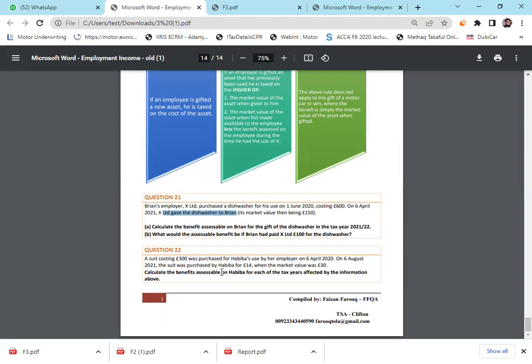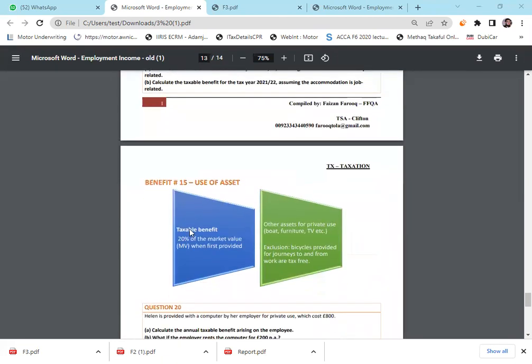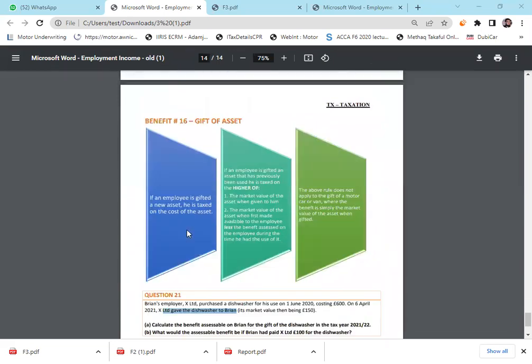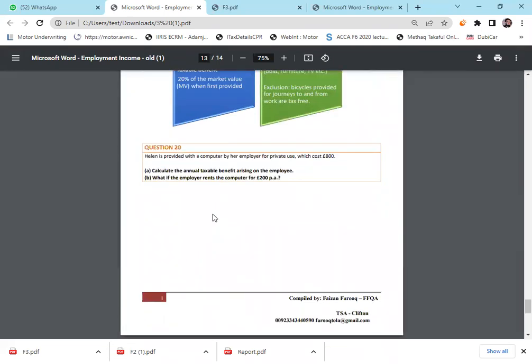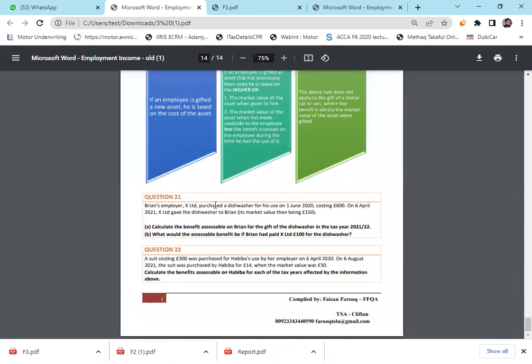It's written X Limited gave the dishwasher, which means it's a gift. Provided means use. Gave means gift. So if it is provided, use of asset will be calculated. If it is gave, gift of asset will be calculated, which we are going to discuss in our next class.